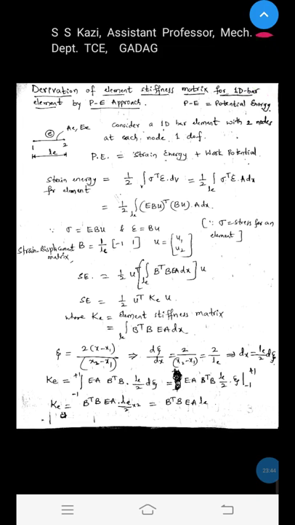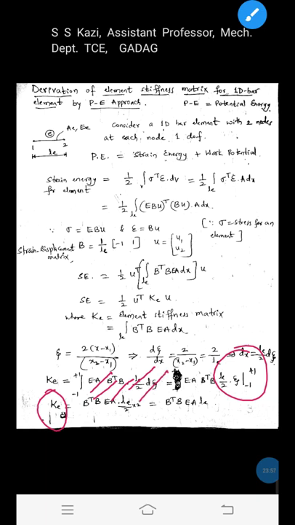By applying the upper limit and lower limit, you will get the value 2. Then stiffness matrix KE is equal to B transpose B EA into LE by 2 into 2. 2 gets cancelled. What remains? B transpose B EA LE.